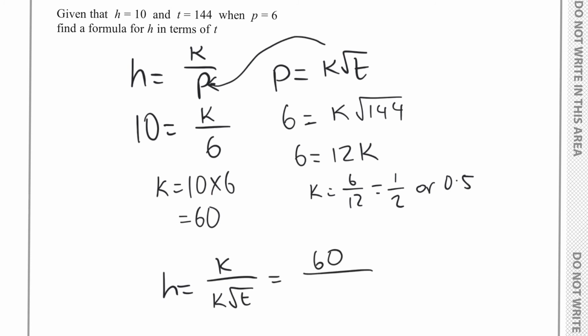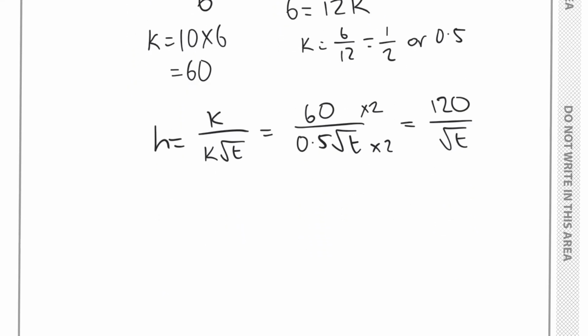The second k was 0.5 root t. So then 60 divided by 0.5 root t. We can actually just times both top and bottom by 2 to make them nice numbers. So 0.5 times 2 is just 1, so the bottom's just root t. And then 60 times 2 is 120. So that's the simplest form of writing h in terms of t: 120 over root t.